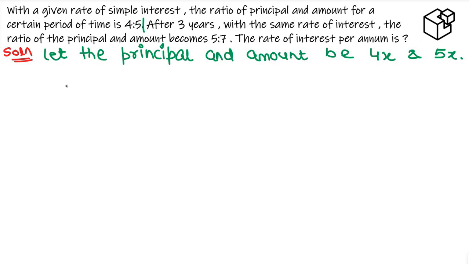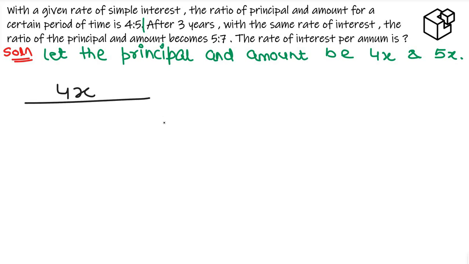Whenever we talk about simple interest, the interest remains the same throughout the years or months, right? Because it only applies on the principal, and the principal remains the same in all cases. So the principal earlier was 4x, and even now after 3 years, the principal will be 4x.